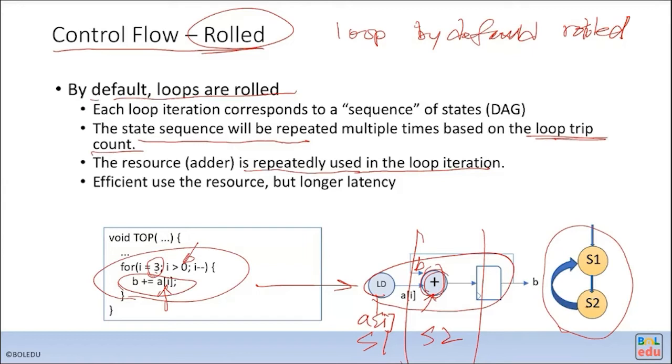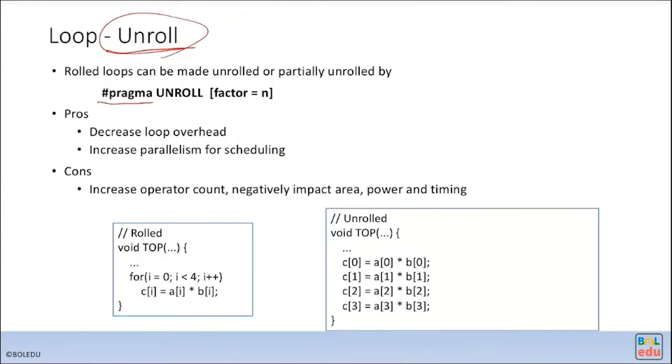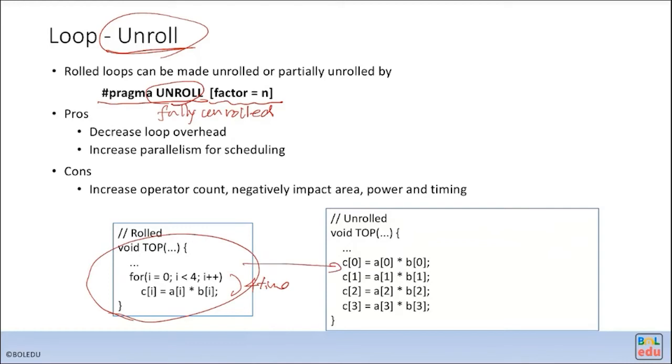And you can unroll. When you use a pragma unroll, if you don't specify a factor number, that means you want to fully unroll. For example, like this code, the loop will loop 4 times. So if you unroll, that means the same equation repeats.